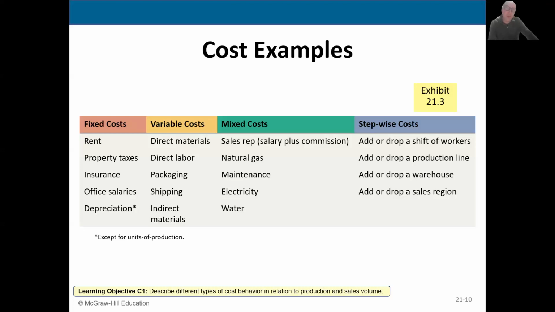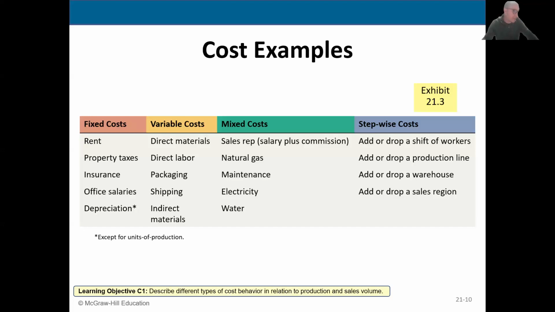Then, of course, we have mixed costs. Examples of this would be salesperson salary plus commission, natural gas. Same with electricity. It starts at a certain megawatt per hour. There's a fixed cost component. We call that the service. And then after that, it's done by megawatt per hour.